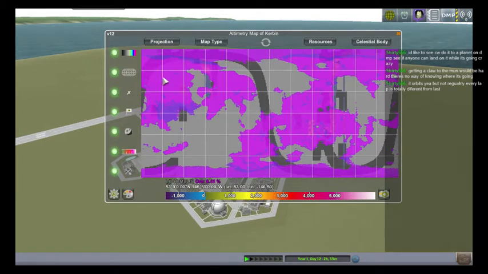So, if we hover over it with ScanSat, you can actually see the percentage value down here. Which basically seems really boring.